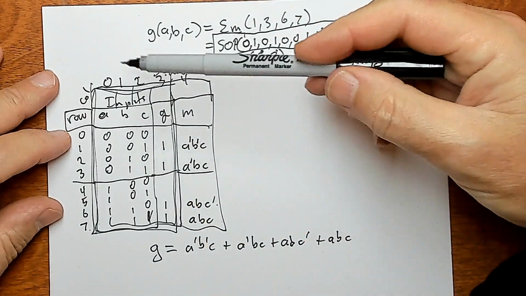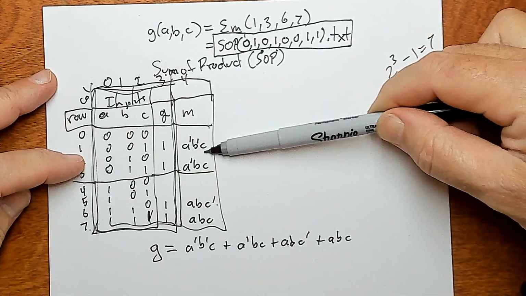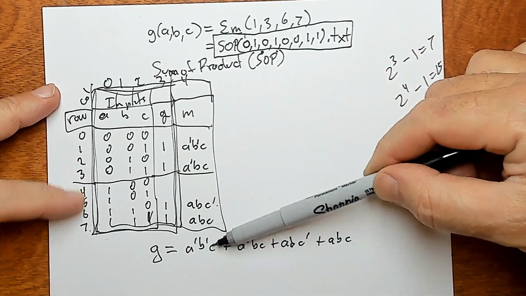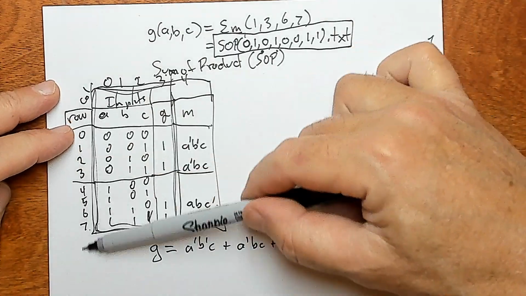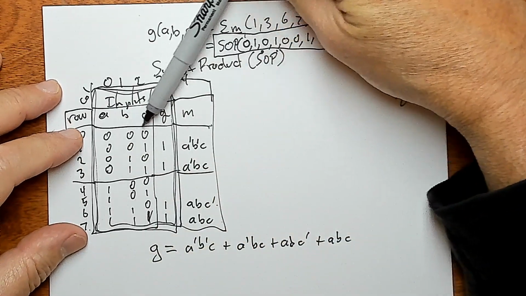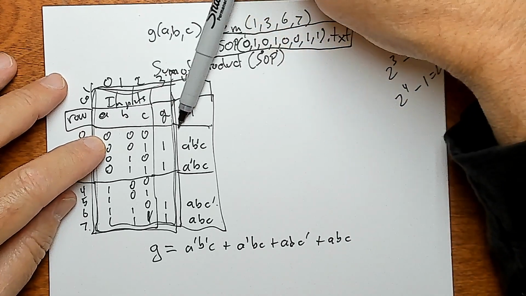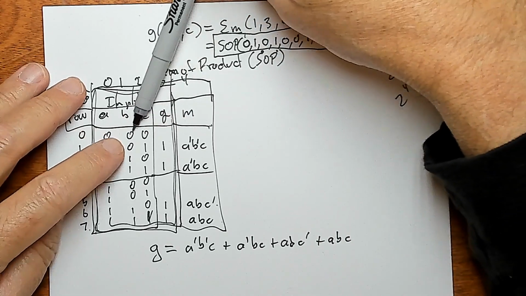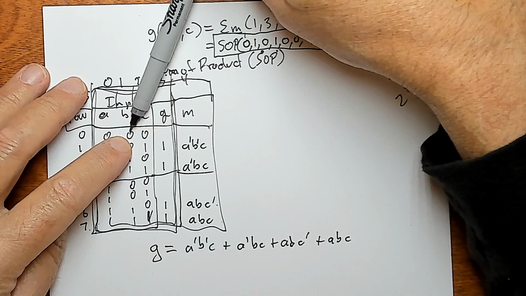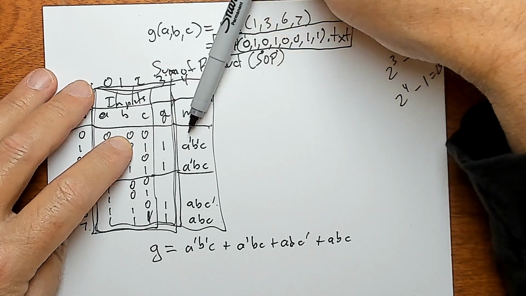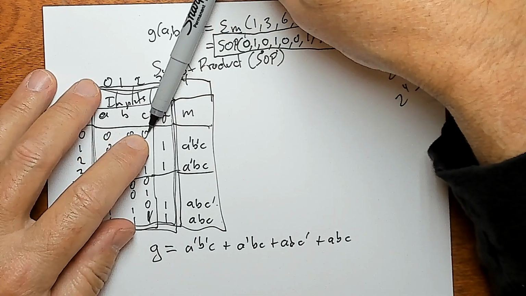So if you're doing that, then what's going to happen? You're going to go down each row, so you're going to write a for loop that counts down the rows. And you're going to look at each column, and as you walk across here, if it's a 0, you write an A naught. And if the next one's a 0, you write a B naught. And if the next one's a 0, you write a C naught.